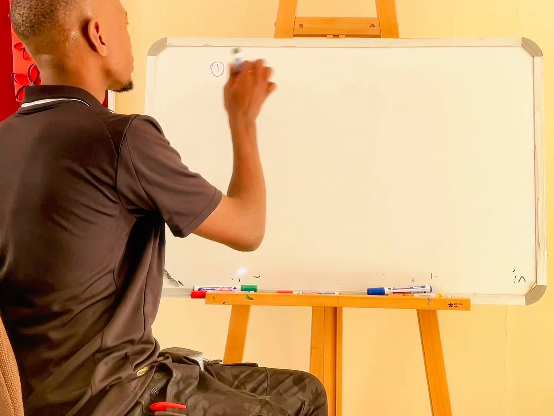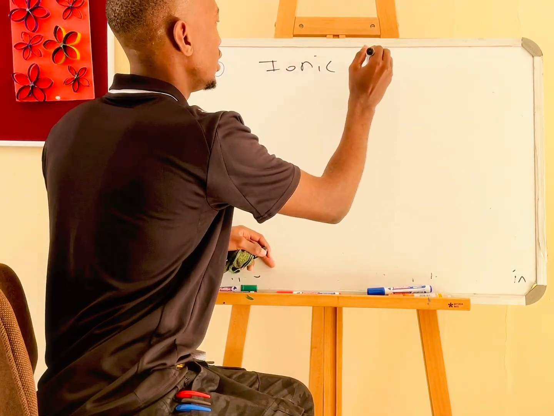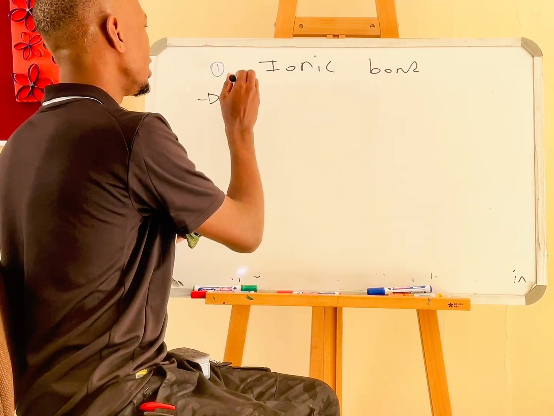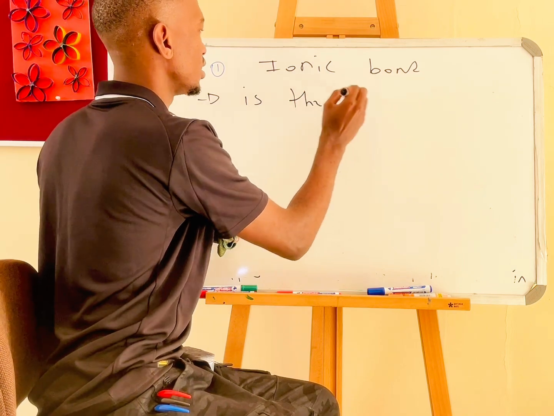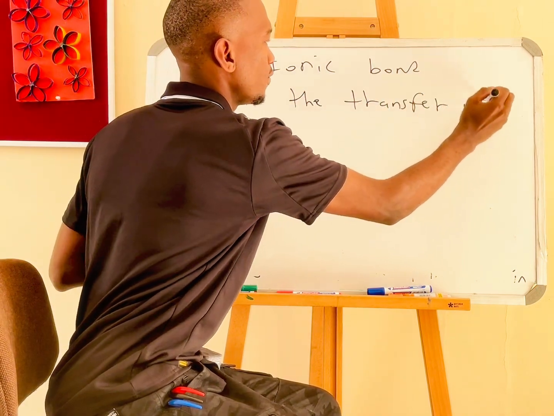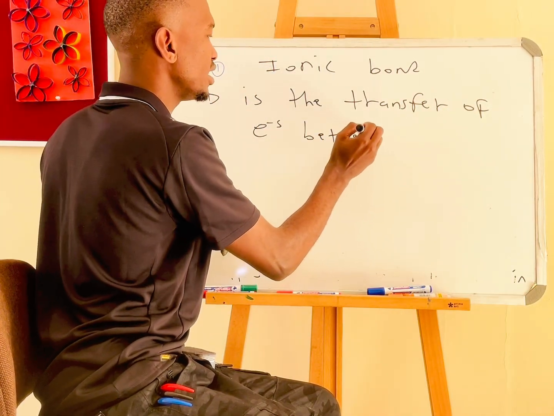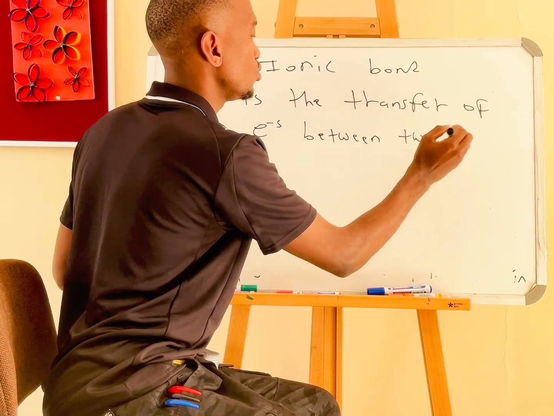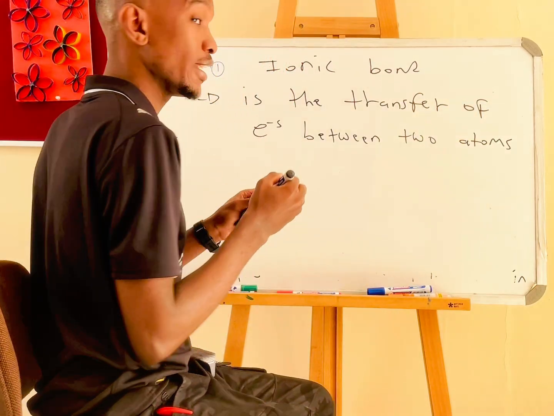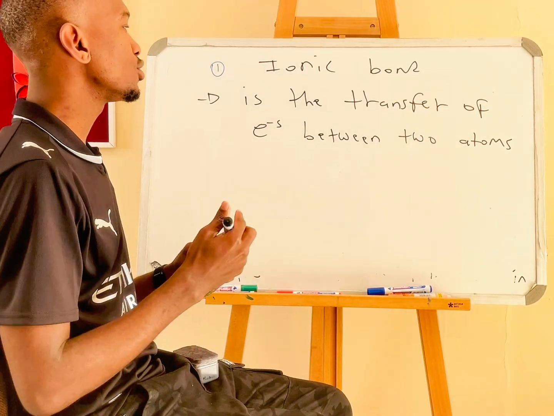Number one, under ionic bonding, we say that this is the transfer of electrons between two atoms.